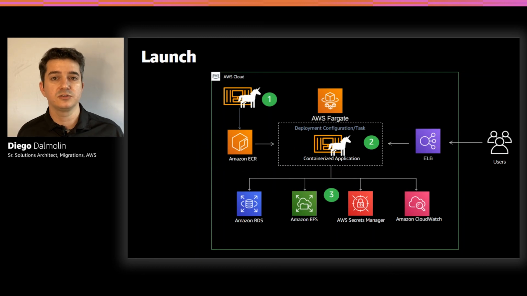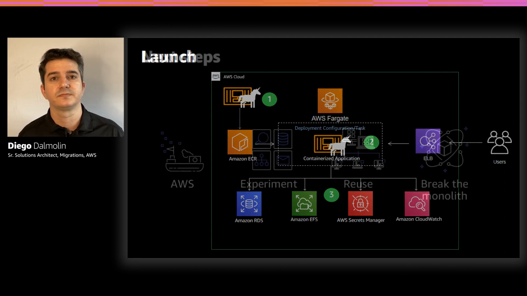So as you already modified this application prior to creating the container, you can leverage some of the AWS services that can be integrated with containers, such as RDS, EFS, Secrets Manager, or Amazon CloudWatch Logs, as you see on number 3, to deliver a modern, elastic, and highly available version of your application.